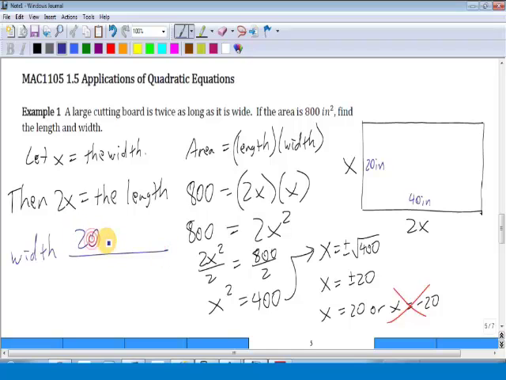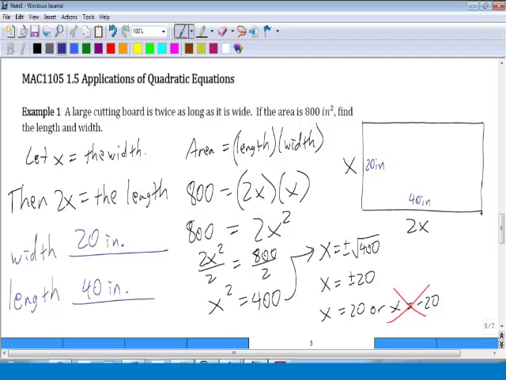Width, 20 inches. Length, 40 inches. You could use a complete sentence if you want to: the cutting board has a width of 20 inches and a length of 40 inches, or just fill in the blanks like this, and that accurately conveys the answer.